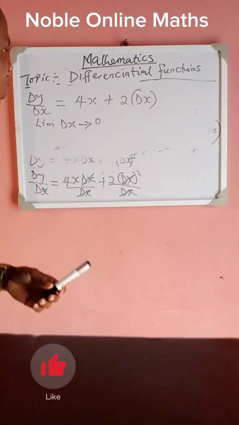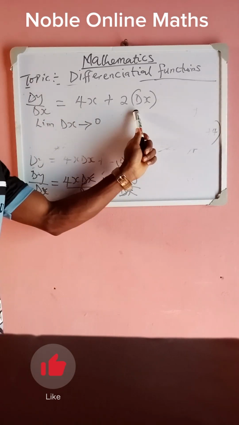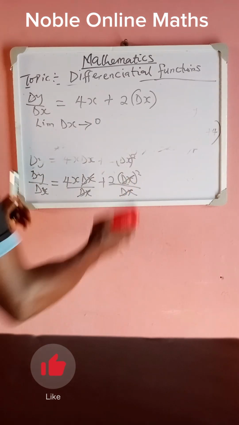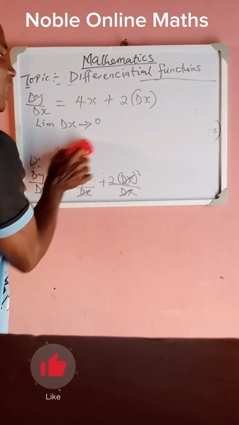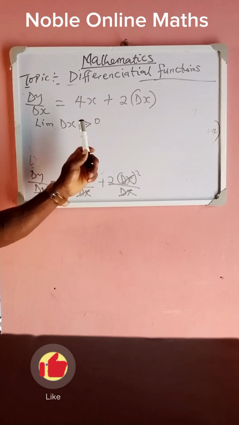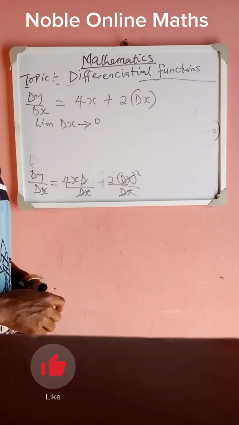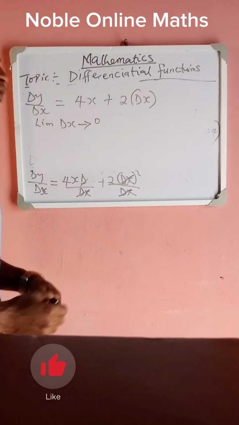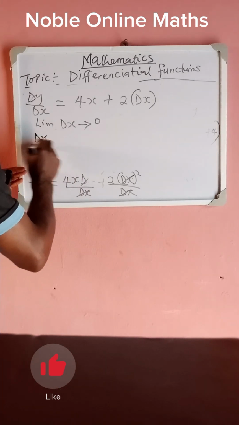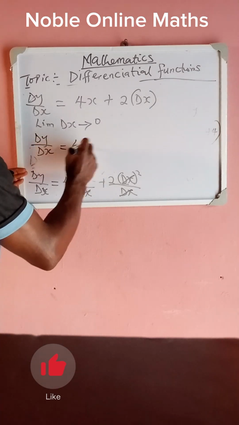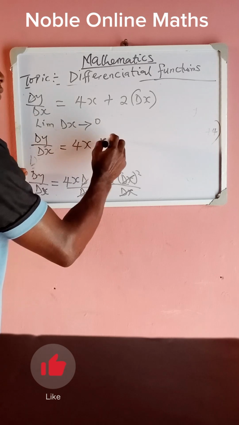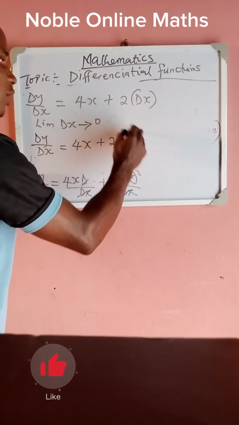Since we have to get our answer, that is why we are limiting change in x to 0. This limiting of change in x to 0 is only affecting this side of the equation. So we have dy/dx is equal to 4x plus 2 times 0.